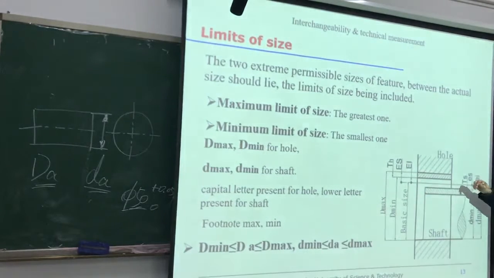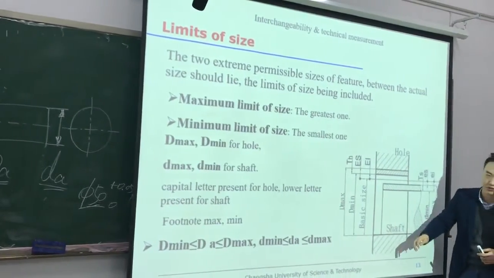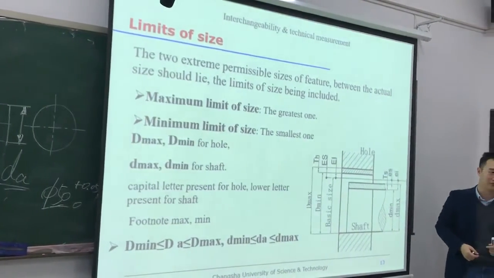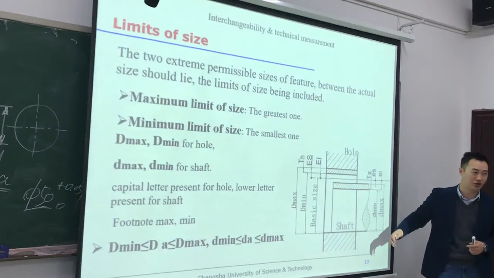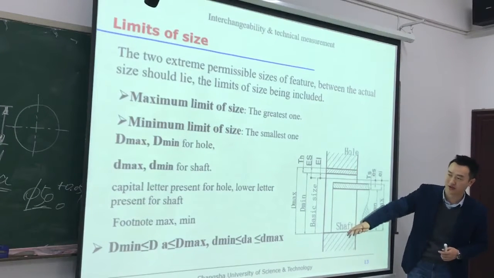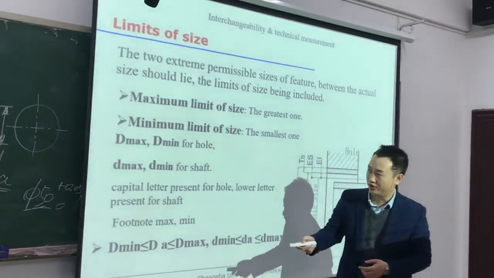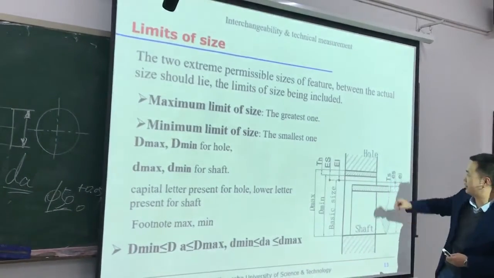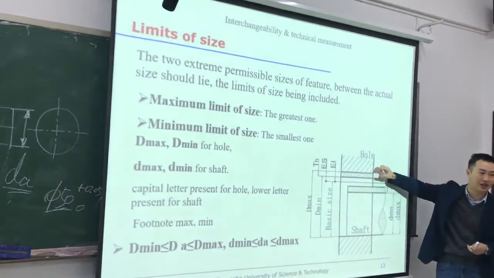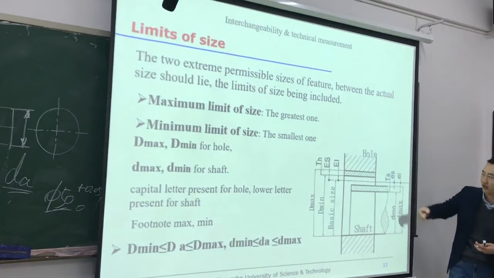But if we really use this graph, what problem will it cause, do you think? Will it bring any trouble? If we use the real dimensions to draw this picture, you will find that this zone is really tiny compared with the basic size.